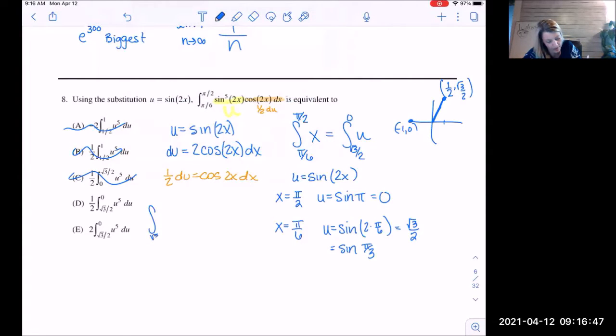So this is now √3 over 2 to 0 of u to the 5th times 1/2 times du. That's a really good, very straightforward u substitution problem. All right, any questions? Okay.